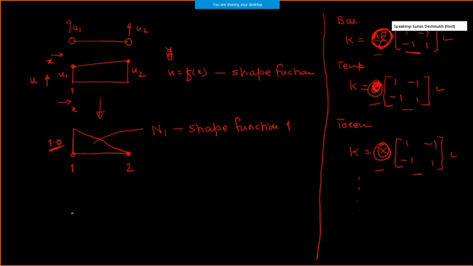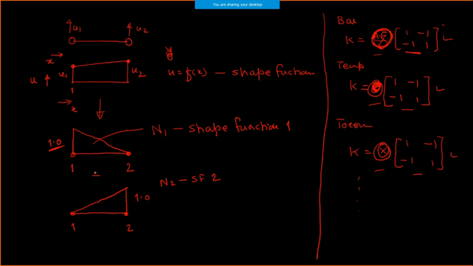Similarly, I can have another shape function for node number two, which I'm going to concentrate on. So this is node number one. I'll give the unit displacement at this location, and I'm going to join this with a line. I'll get another shape function, which I will say is the n2 shape function for node number two.